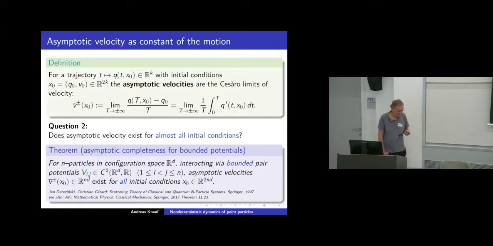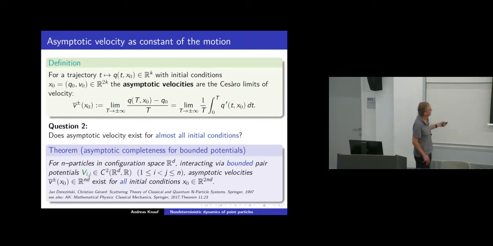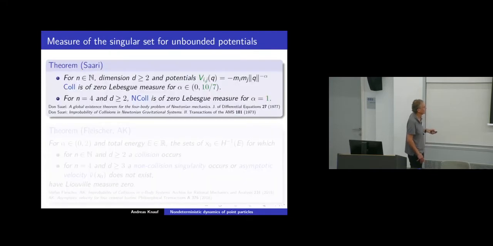And so the next question is, of course, whether for these variants of the celestial mechanics N-body problem, does the asymptotic velocity exist for almost all initial conditions? These are different but difficult questions. So what does one know?